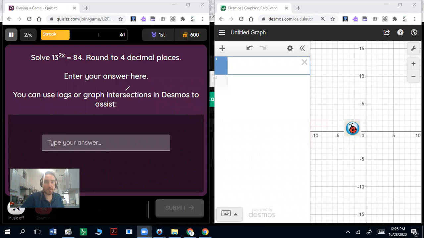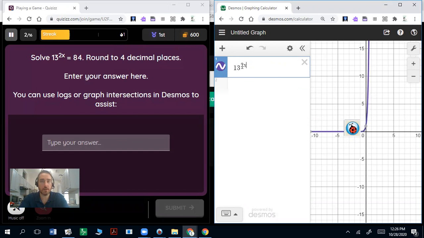Number 2, solve 13 to the 2x equals 84, round to 4 decimal places. Let me offer you a different way to do this. Logarithms are our thing, but we could also do a graph. So we would do 13 raised to the 2x power, and down here you would say y equals 84.